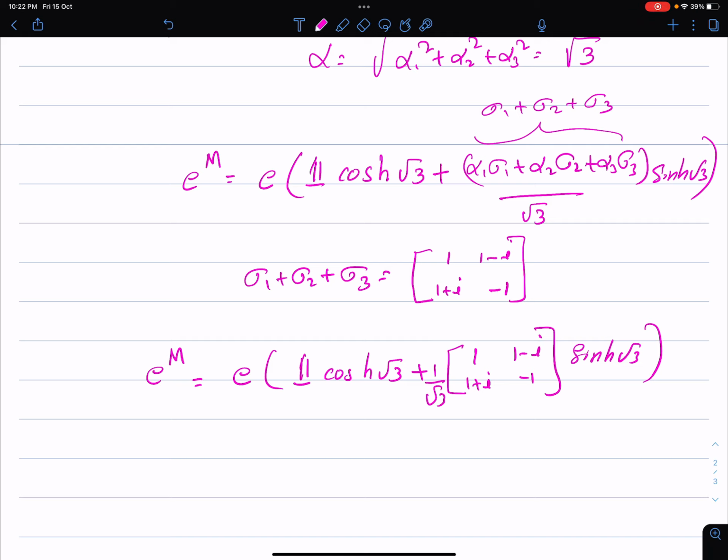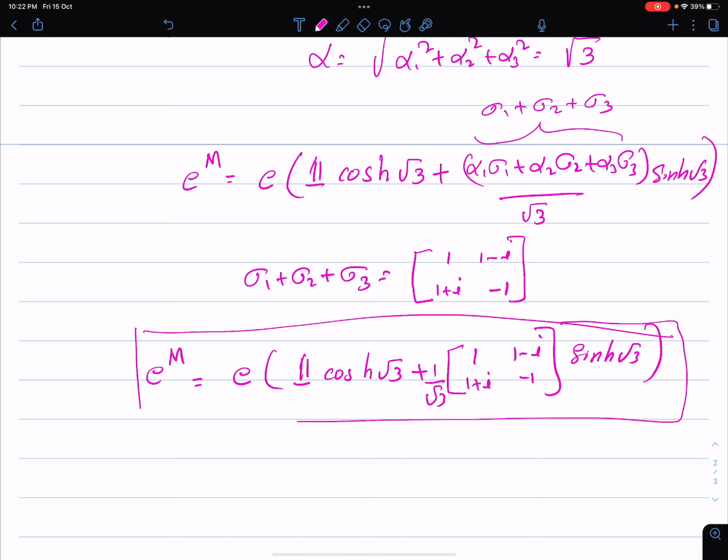So this is the answer for the given matrix exponential.